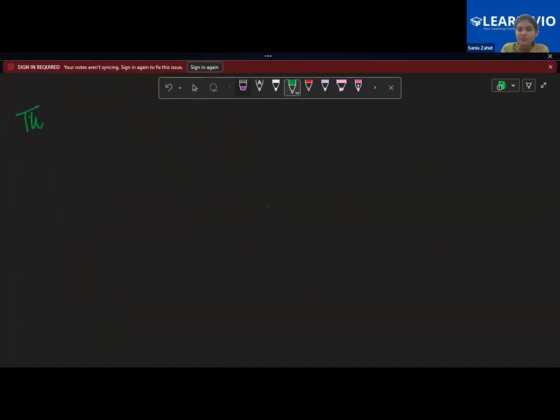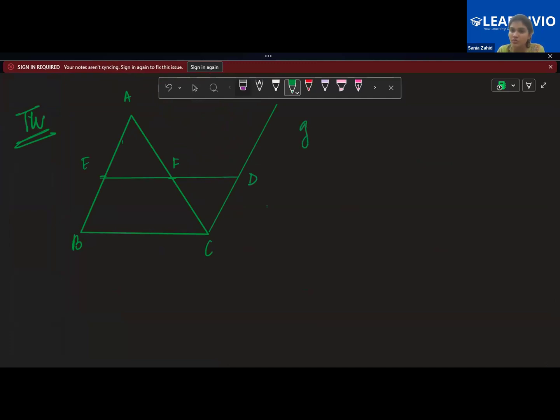See. You have a triangle. ABC is a triangle. E and F are the midpoints. This is the construction. D. Okay, just write down given.